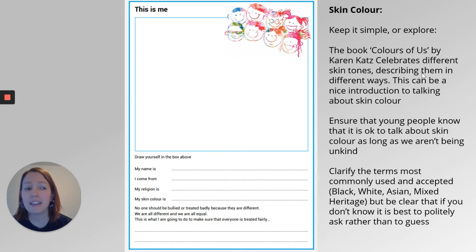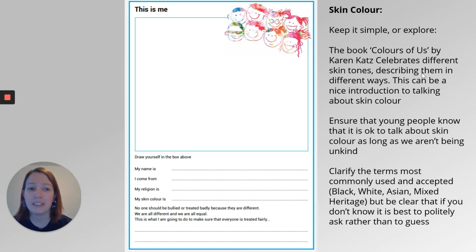When exploring skin colour with children, we often use the book Colours of Us by Karen Katz. It celebrates different skin colours and tones using fun and different descriptors, and can be a useful starting point to get children comfortable talking about skin colour. It's important that children know that it is okay to talk about skin colour as long as we aren't being unkind.